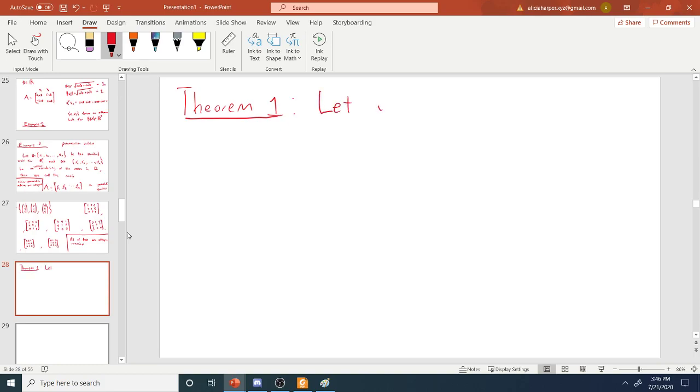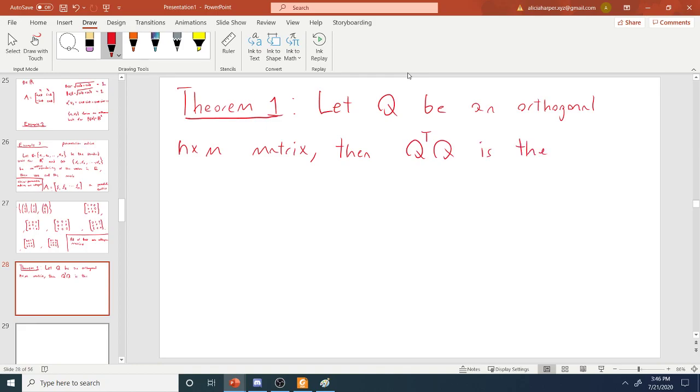Let Q be an orthogonal N by M matrix, then Q transpose times Q is the M by M identity matrix.